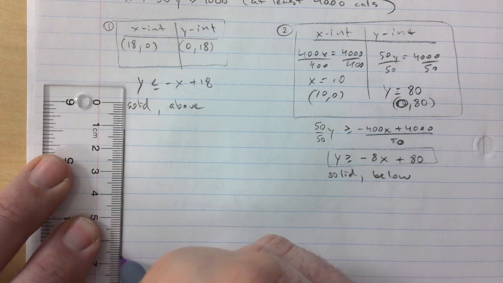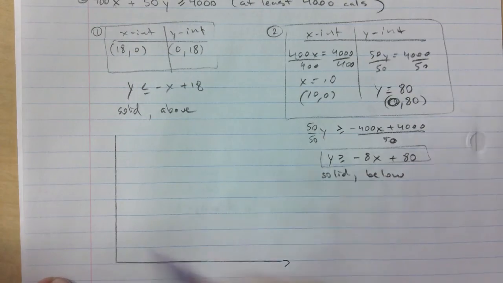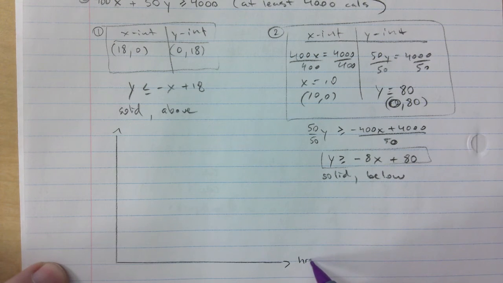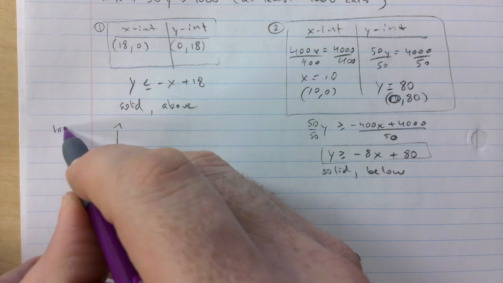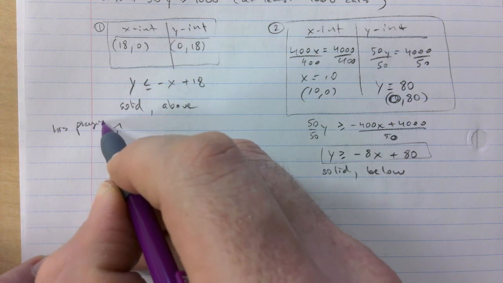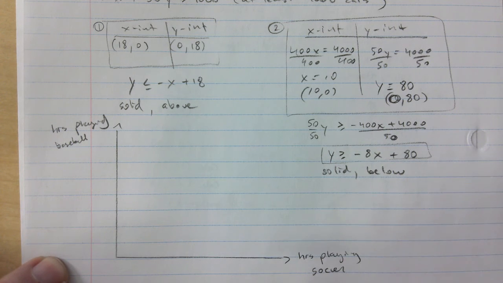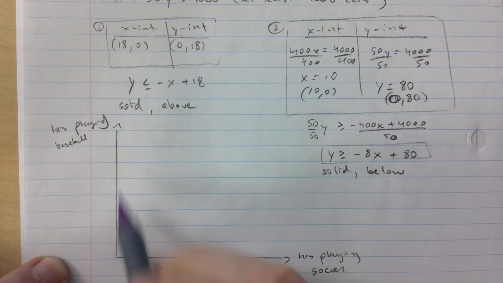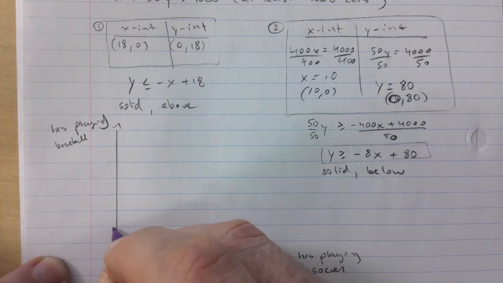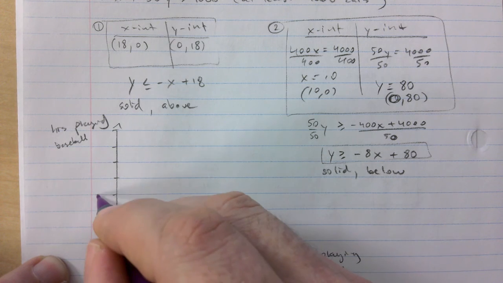Graph. Hours playing soccer. Notice that you're adding your units and you're labeling when you do that. Hours playing baseball. And I need to go up to 80 here, so I'm just going to do the same on both: 4, 5, 6, 7, 8, just barely, but I made it.